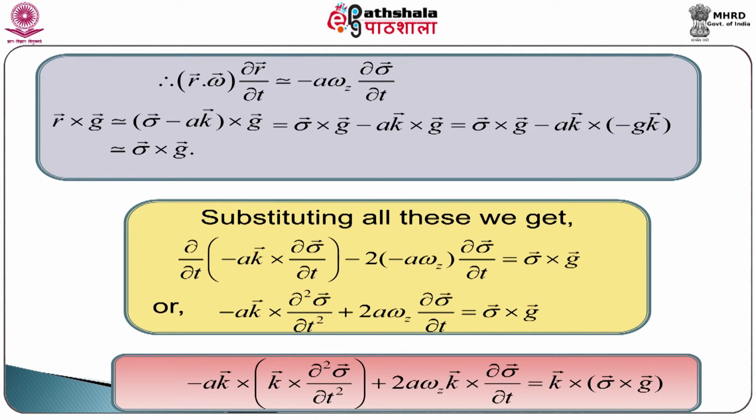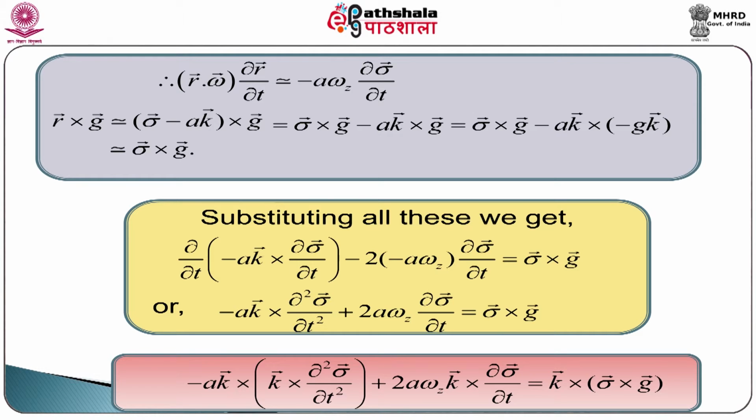Now, let us approximate r vector cross g vector. R vector is replaced approximately by sigma vector minus a into k vector. G vector is written as it is. This gives sigma cross g vector minus a k cross g vector. G vector can be written as minus g into k vector.